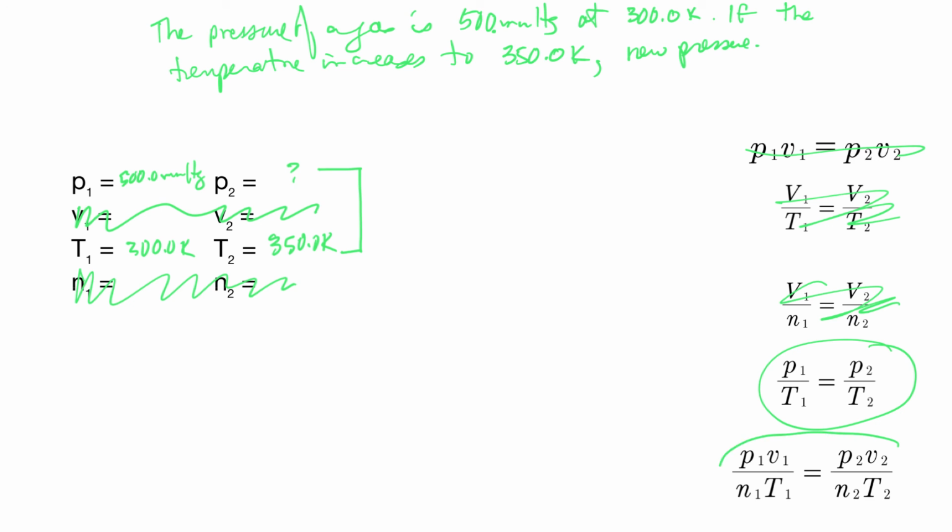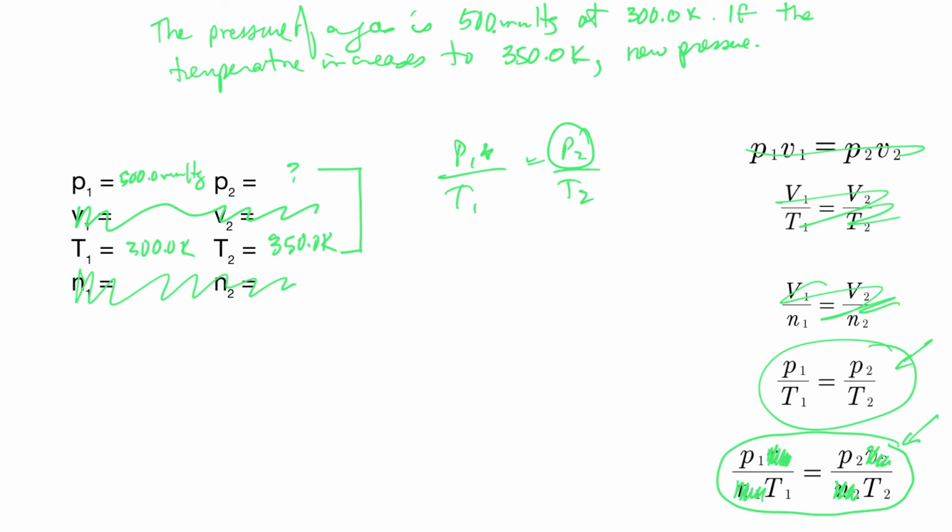Now this one also includes pressure and temperature, but when you look, if volume is a wash, I don't need to write it. And if moles are a wash, I don't need to write them. But notice that the formula they have now here is the exact same as Gay-Lussac's law. So P1 over T1 equals P2 over T2.